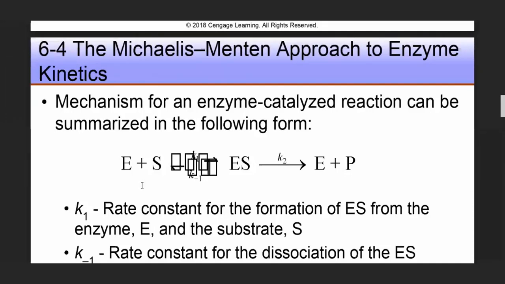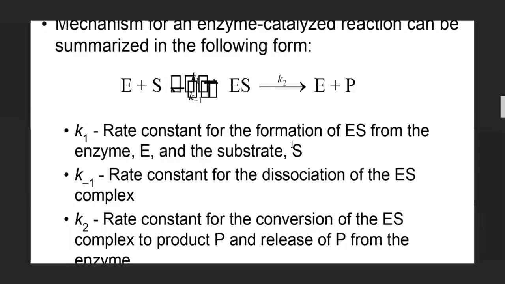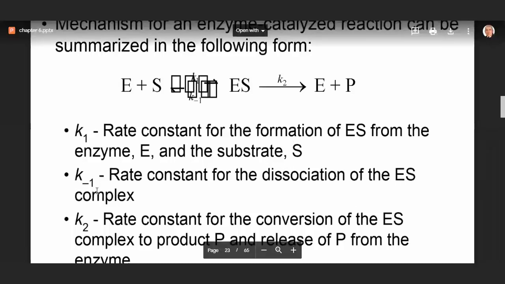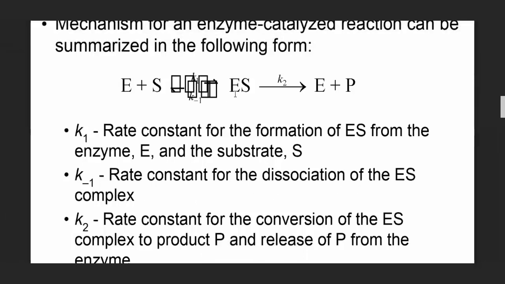K1 is the rate constant for the formation of ES from the enzyme and the substrate, whereas K minus 1 is the rate constant for the dissociation of the ES complex, from right to left, whereas K1 is from left to right.